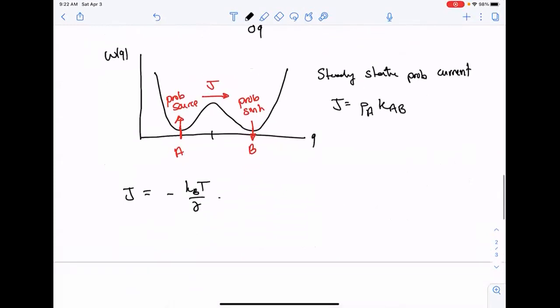I have a factor of the free energy, and I have a partial derivative with respect to Q, the inverted free energy times the probability of Q. And now I will drop its time dependence because I'm going to ask explicitly for the steady state flux, so the time independent flux.